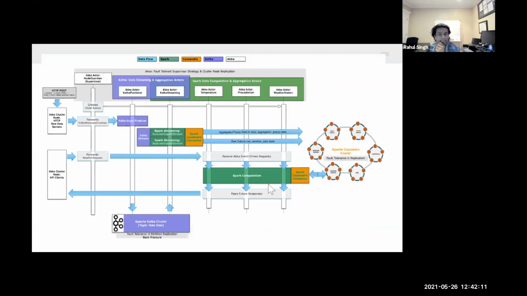Here's a more detailed version of the same general architecture, right? So it shows you that as data is getting put into the Kafka cluster, you have Akka doing some publishing and some stream processing, and then there's a little bit of overlap where we have Spark also doing some processing, and in this case, they're using Akka inside Spark.